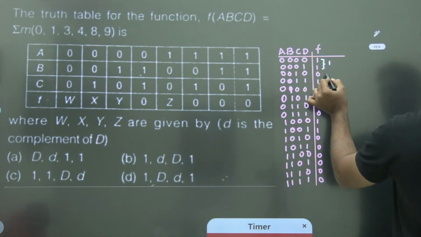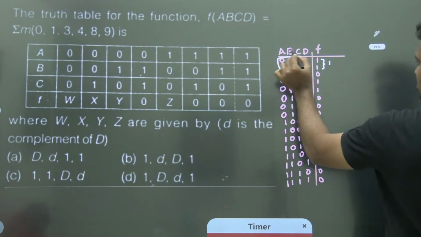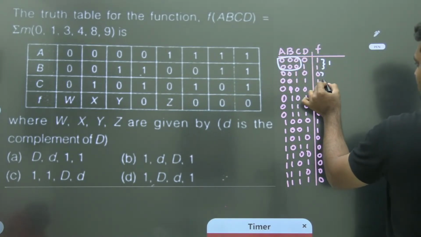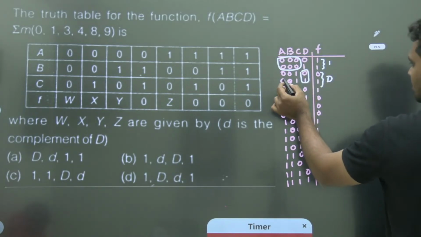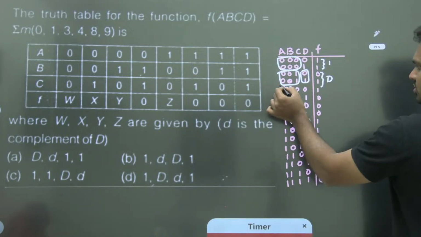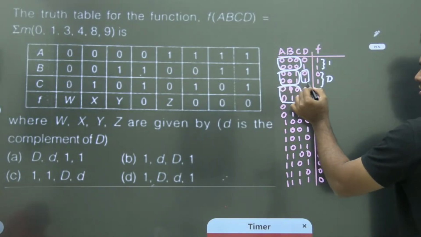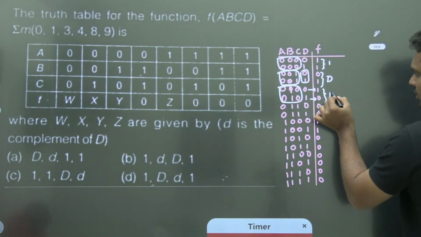When ABC is 0, 0, 0, the output is 1. For 0, 0, 1, the output is the same as D. For 0, 1, 0, the output is the inversion of D, so D bar.